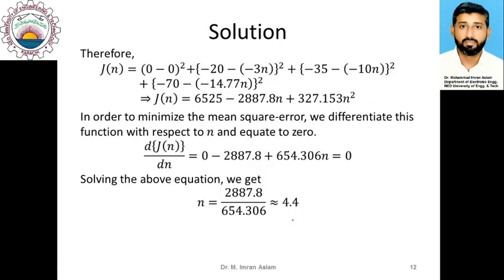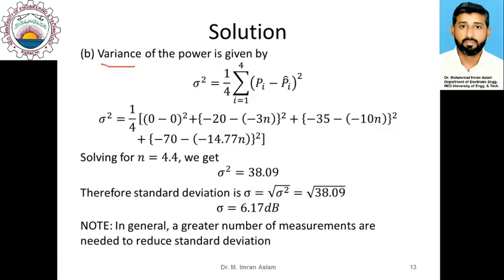Variance is represented by sigma square. If you recall, the variance is the summation of x minus x bar whole squared, divided by the total number of values n. We are using the same formula here.